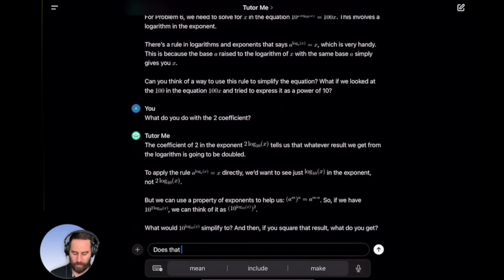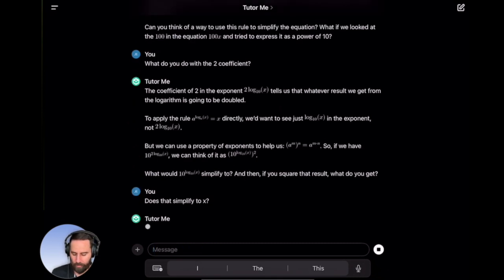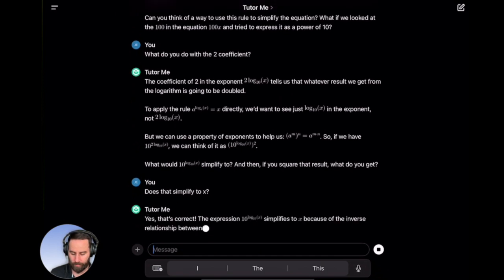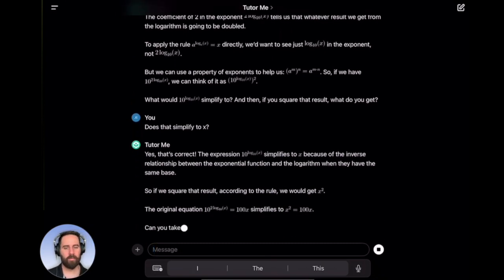Does that simplify to x? Or is it 10x? No, it should be just x, right? That is correct. Remember, since it's 10 raised to the log base 10, we just get whatever's in the parentheses, x. That's easy to remember.